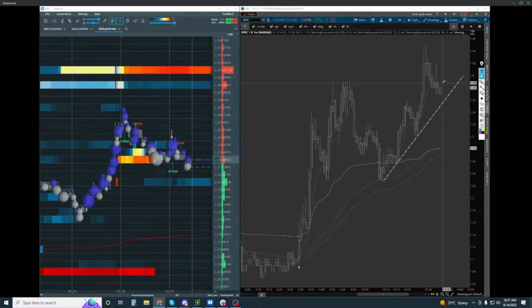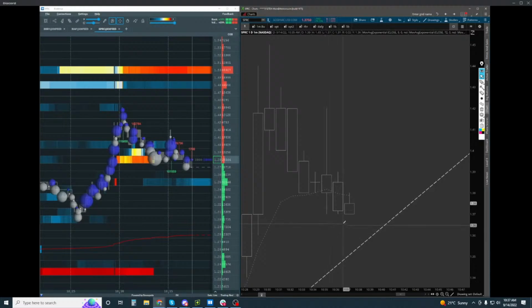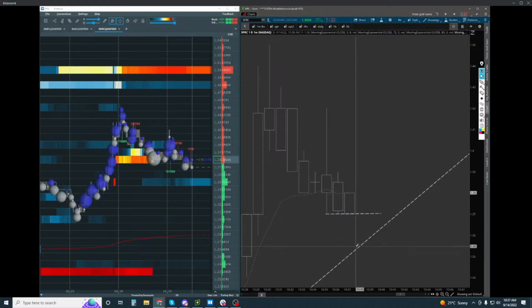We see these dip traders, but no main sellers for now. Holding this 137. Below 137, we can have a little wash until 134, 133. For now, holding.